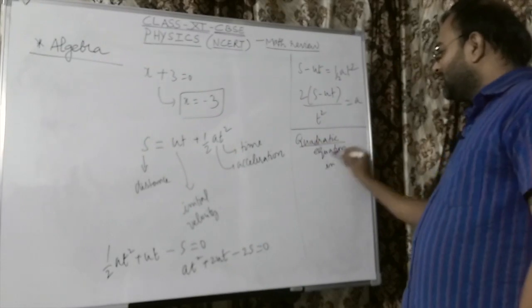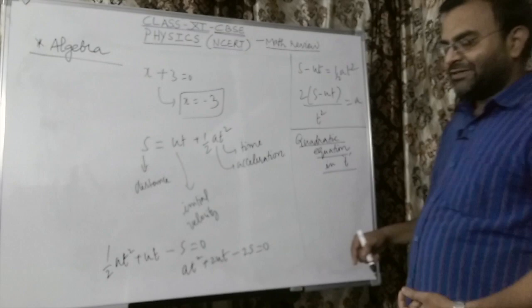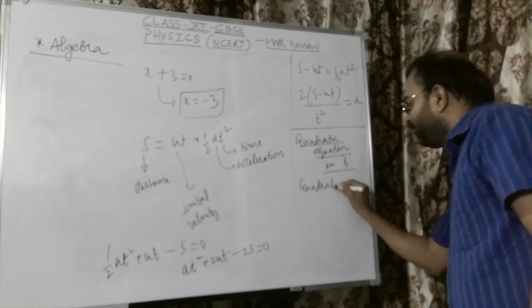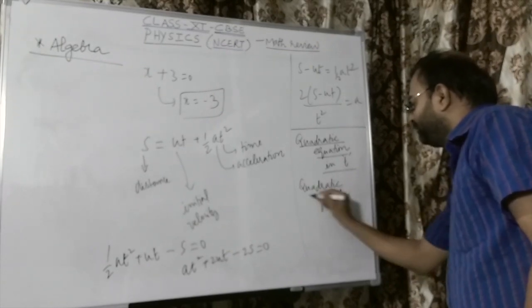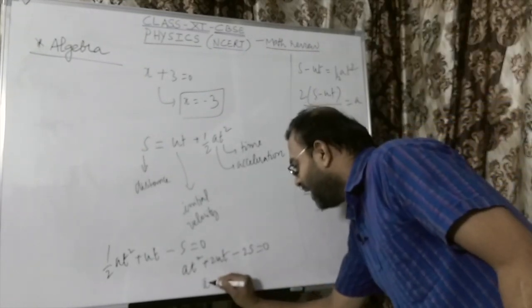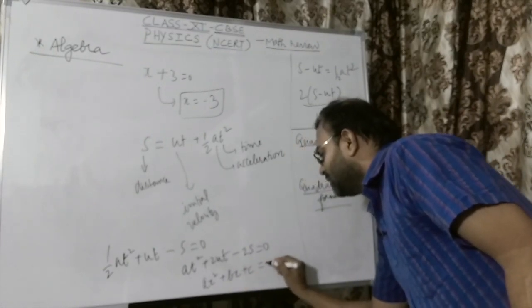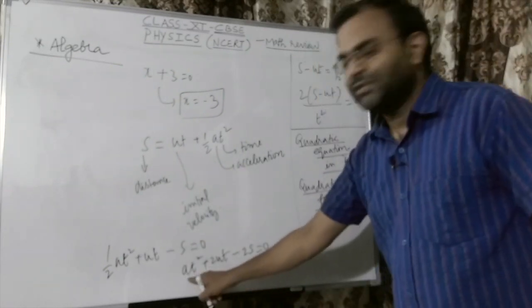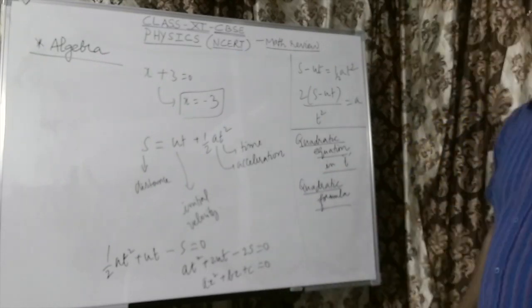So if you want to solve this equation for t and arrive at an expression for t, then you have to use the quadratic formula. What is the quadratic formula? This equation has the general form ax squared plus bx plus c is equal to 0, where a corresponds to this a, b corresponds to 2u, and c is minus 2s.